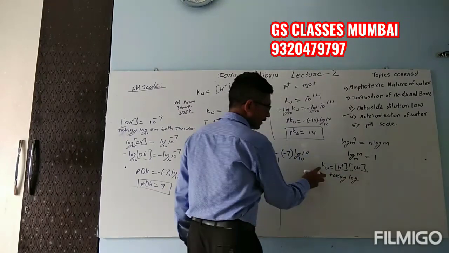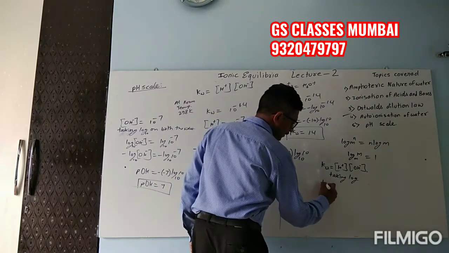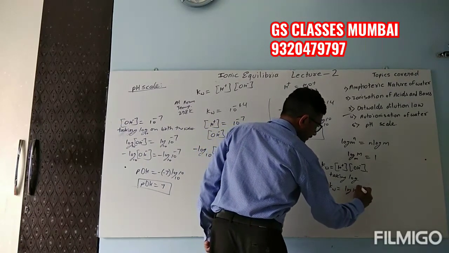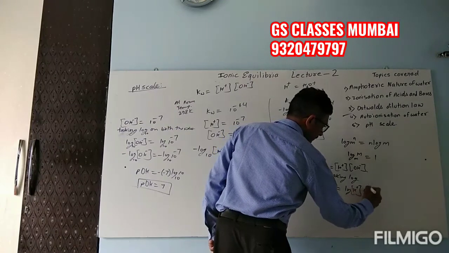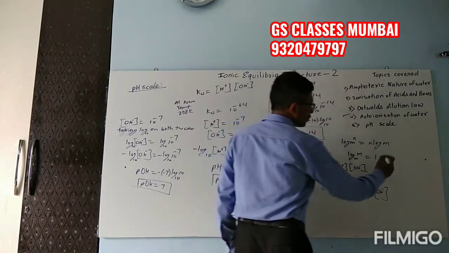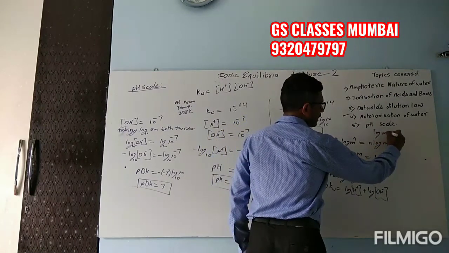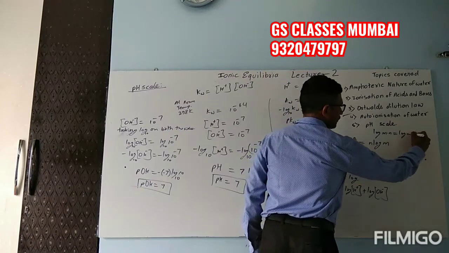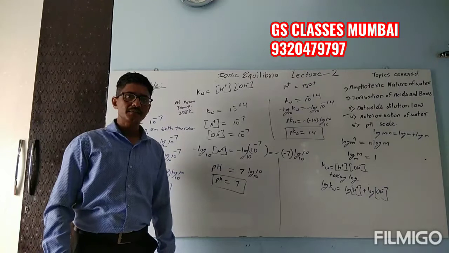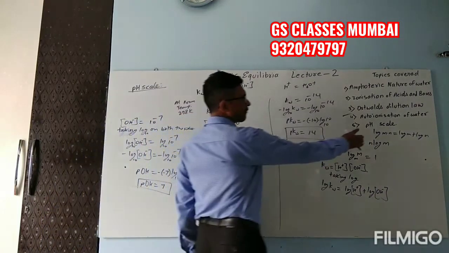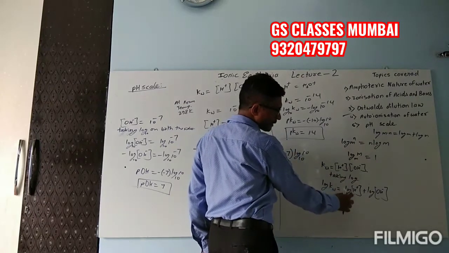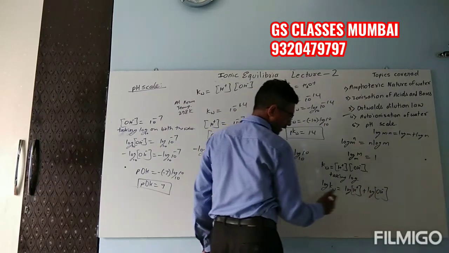Taking log, it will be log Kw equals log of hydrogen ion plus log of hydroxide ion, because you know the formula that log m into n is what? Log m plus log n. All this you have already studied in the 11th standard. These are the simple formulas. Log m into n is log m plus log n. So I am writing log H plus log hydroxide.